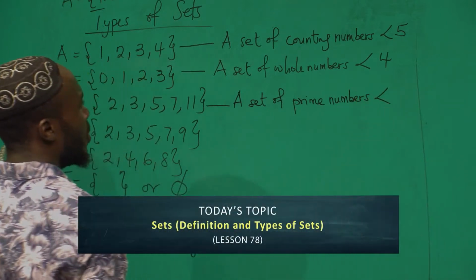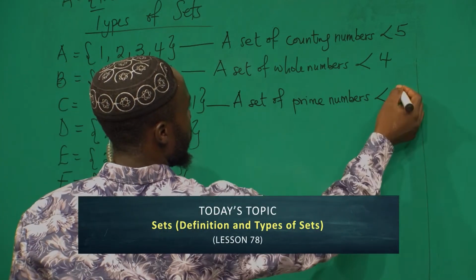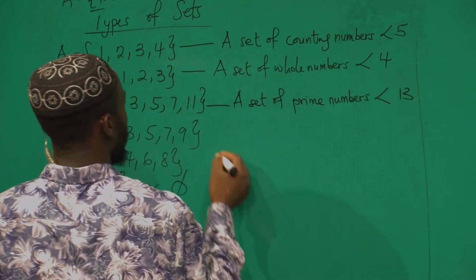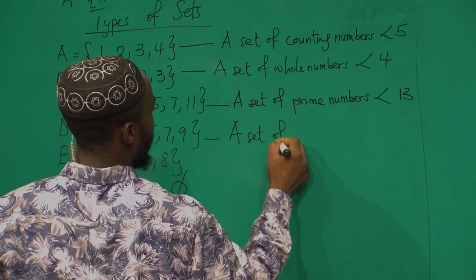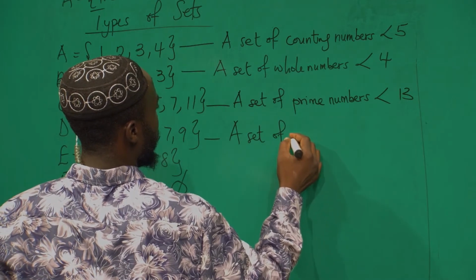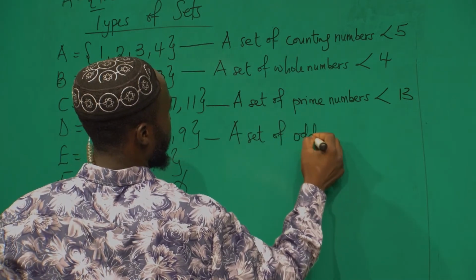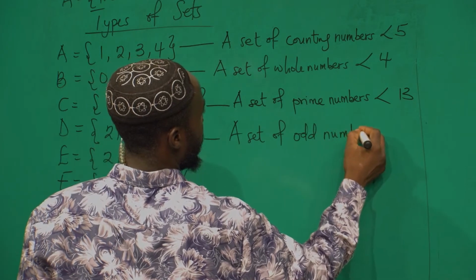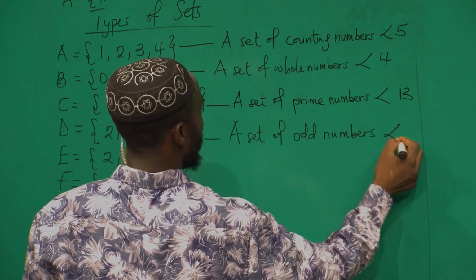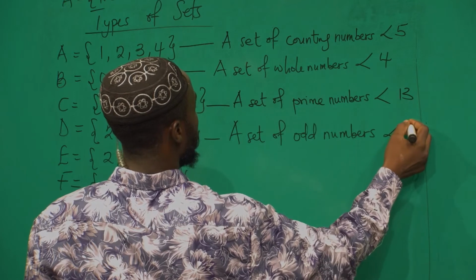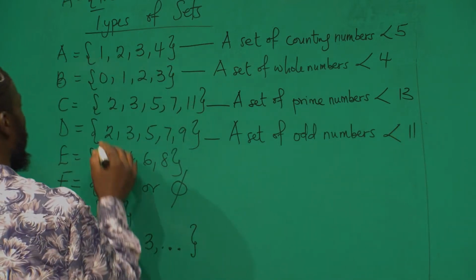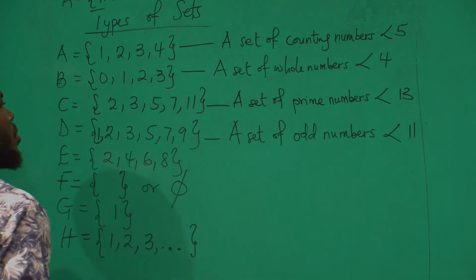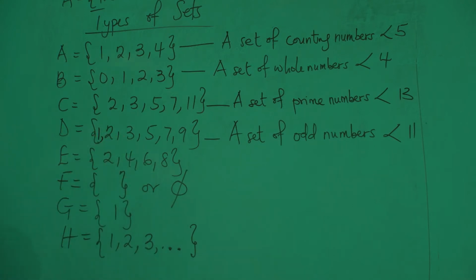less than 13. Then this also is a set of odd numbers less than 11. Let's add 1 to it so that it makes it perfect.